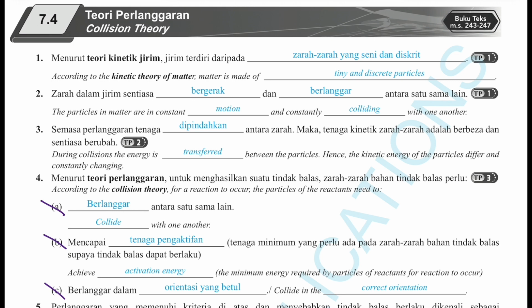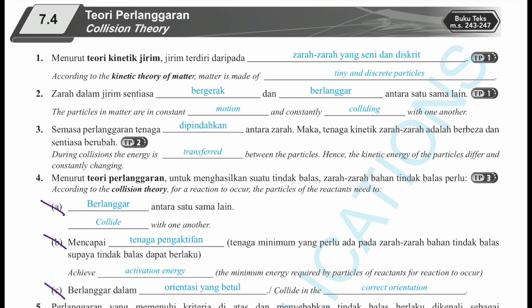Ya. Kalau lebih sedikit collision berlaku, maka kurang tenaga dipindahkan, maka tenaga kinetik berkurang. Jadi itu konsep dia ya. Kalau lebih banyak collision berlaku, tenaga kinetik bertambah. Kalau semakin kurang collision berlaku, maka tenaga kinetik berkurang.